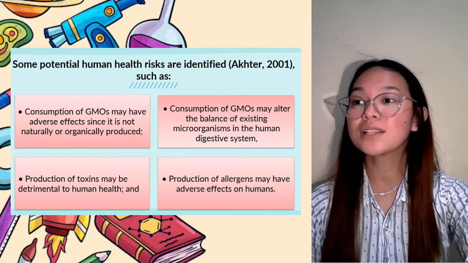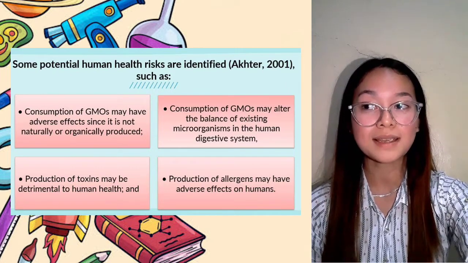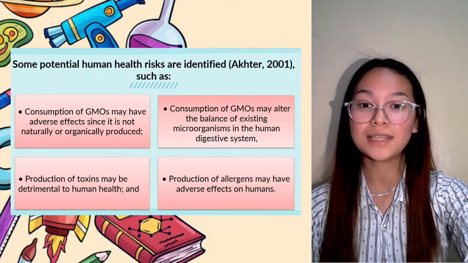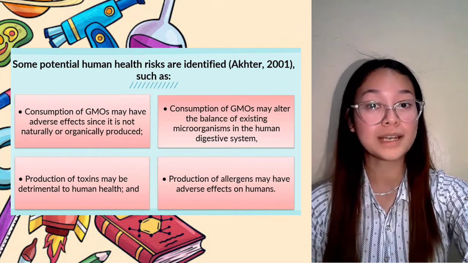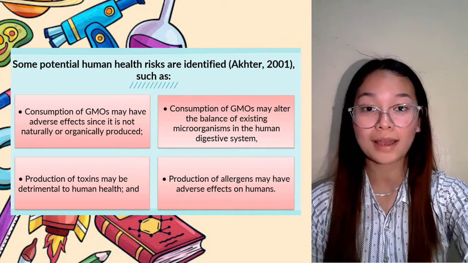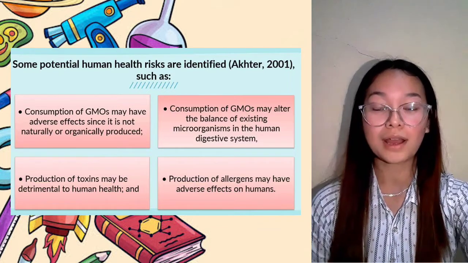Second is consumption of GMO may alter the balance of existing microorganisms in the human digestive system. So there are trillions of microbes in our gastrointestinal tract, around 90% of which are bacteria.